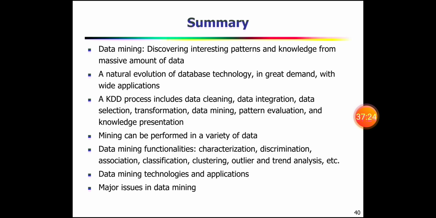And associations. A person who is associated with which group, the group which is associated with which major group, like that. Finding associations, so you'll be able to find out the knowledge. And classification, I told you, classification and clustering are descriptive and predictive. Classification is descriptive, predicting is the clustering, and outlier. Outlier also comes under clustering.